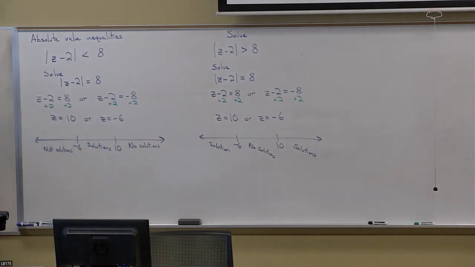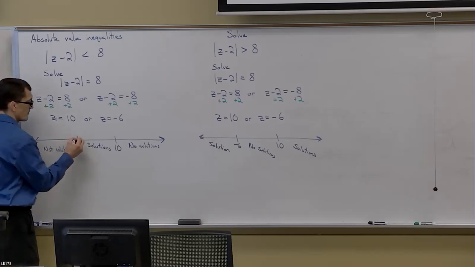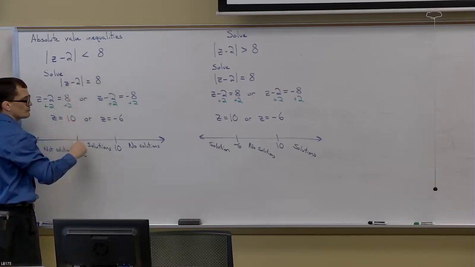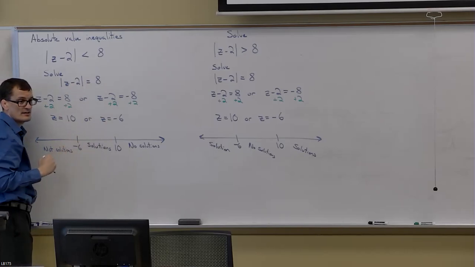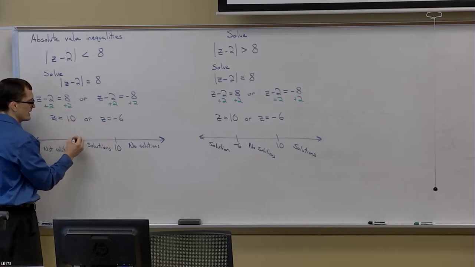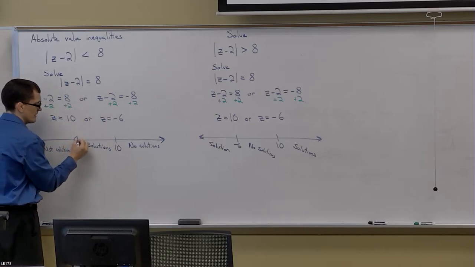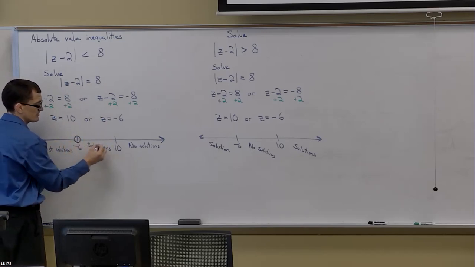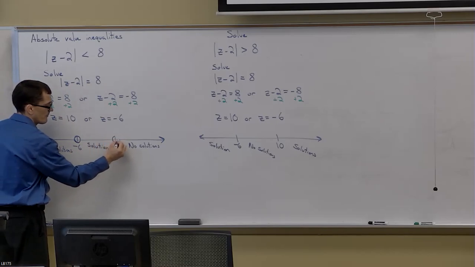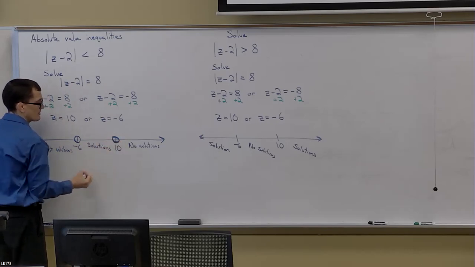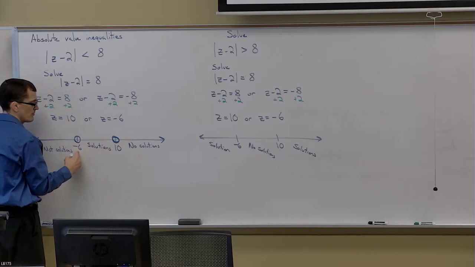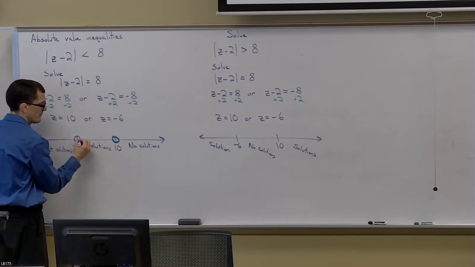Now, a lot of times what happens is we will draw our solution on the number line. If you're drawing your number line solution, then since the solutions are in the middle, I'm going to put circles around negative 6 and 10.